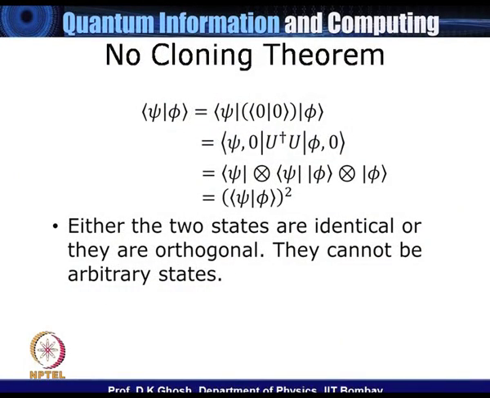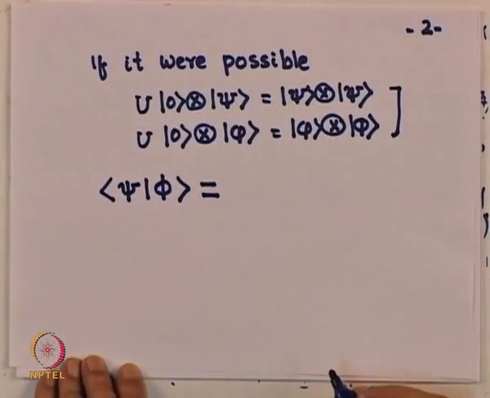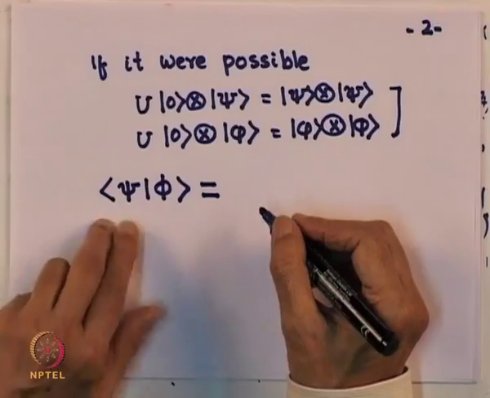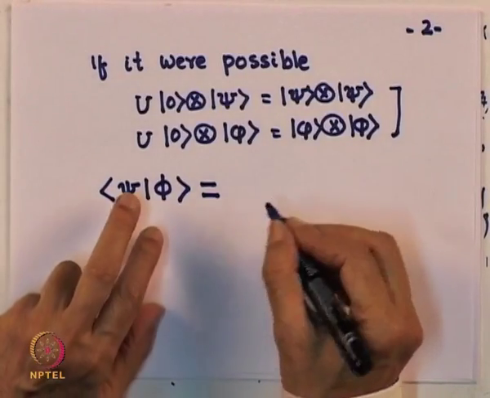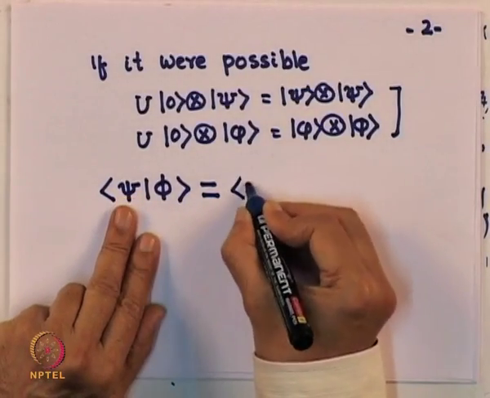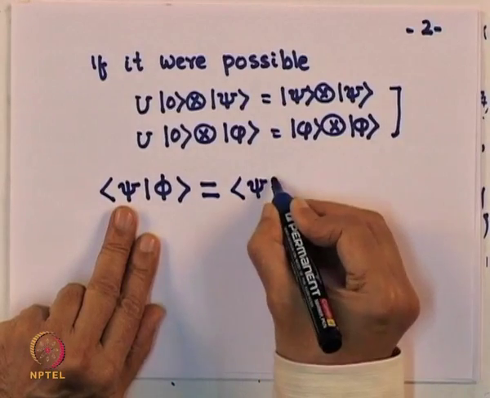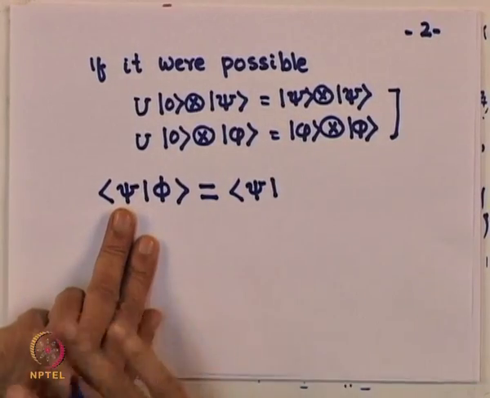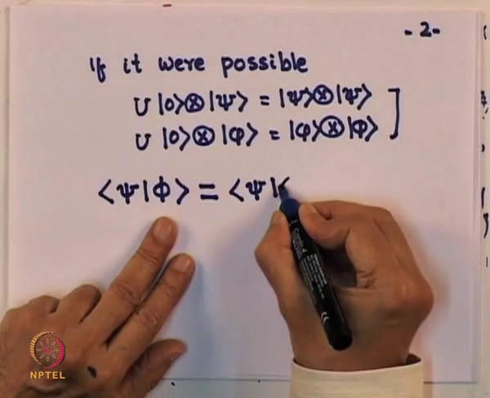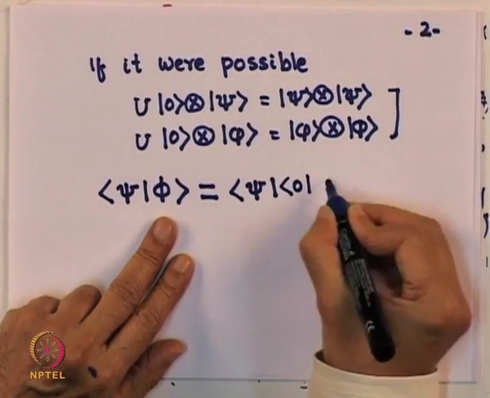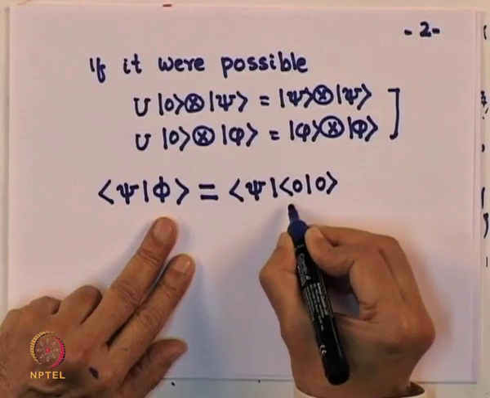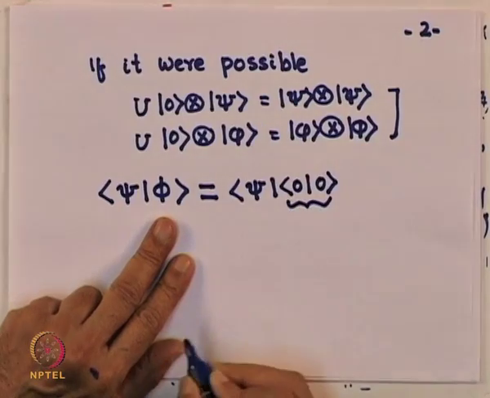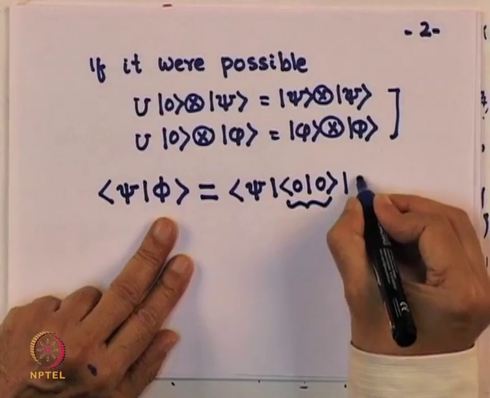Now, if this is true, then notice what happens if I take the product of psi with phi. We have seen that this then is psi, now I introduce a 0, 0. Notice that this scalar product is actually 1. So, I am multiplying it with 1, phi.